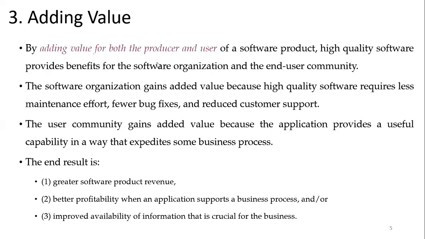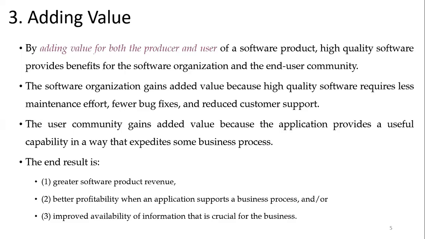The third one is adding value. By adding value for both the producer and user of a software product, high quality software provides benefit for the software organization and the end user community. A software organization gains added value because high quality software requires less maintenance effort, fewer bug fixes, and reduced customer support.